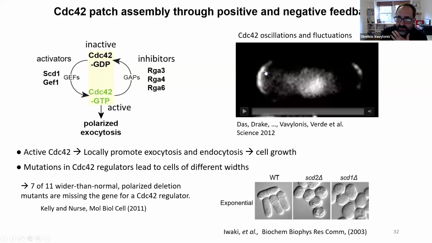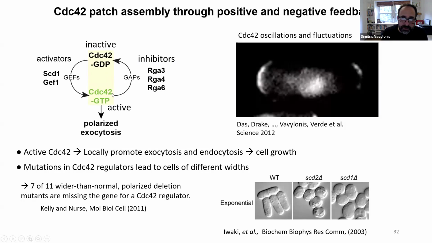All right, so now, how the cells sense the tip and establish a tip. One of the main players is a protein called CDC42. It is a small GTPase. It can bind the membrane, and it exists in two forms, an inactive and an active form.